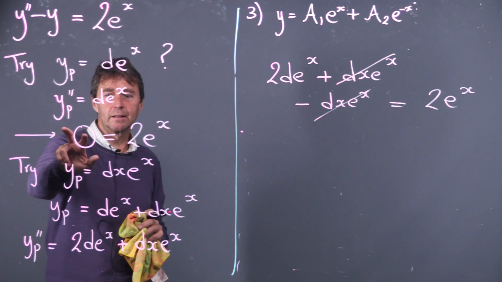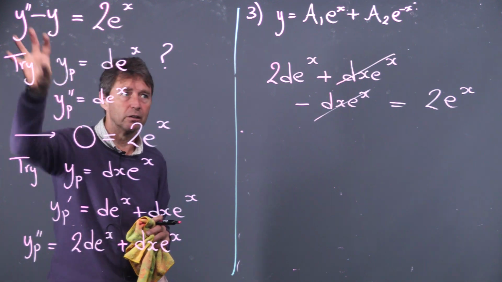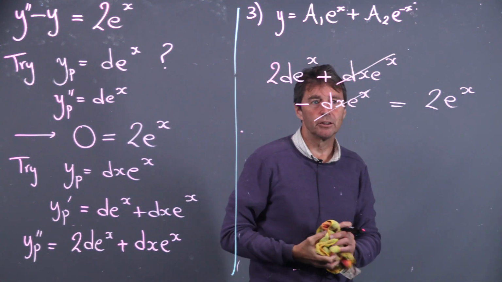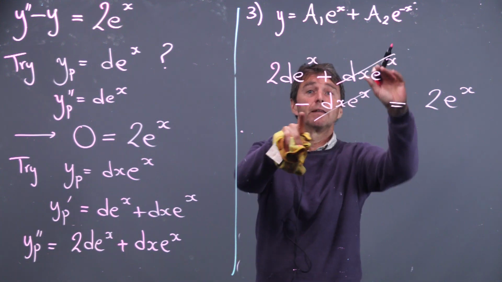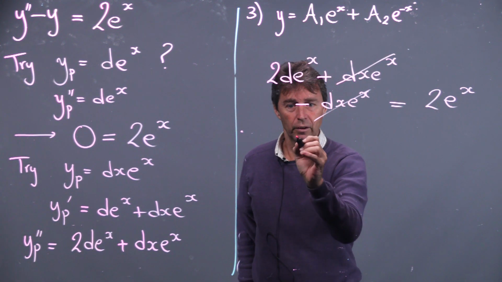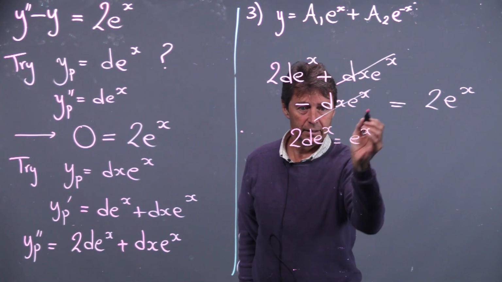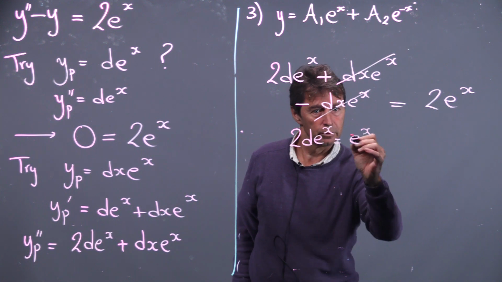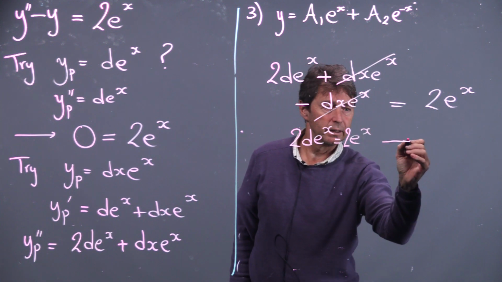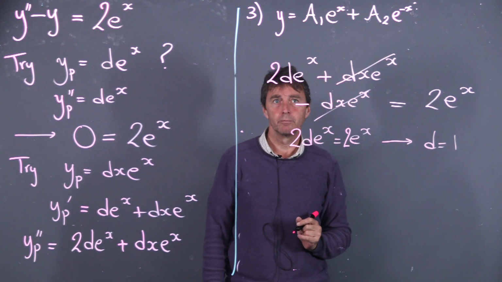It's like there was a cancellation that left the 0 there when you put that into the left-hand side. There's a similar cancellation there. However, having made that cancellation, I have 2d e to the x is 2 e to the x. I can cancel off the 2, I can cancel off the e to the x. So it'll work if I pick d is equal to 1.